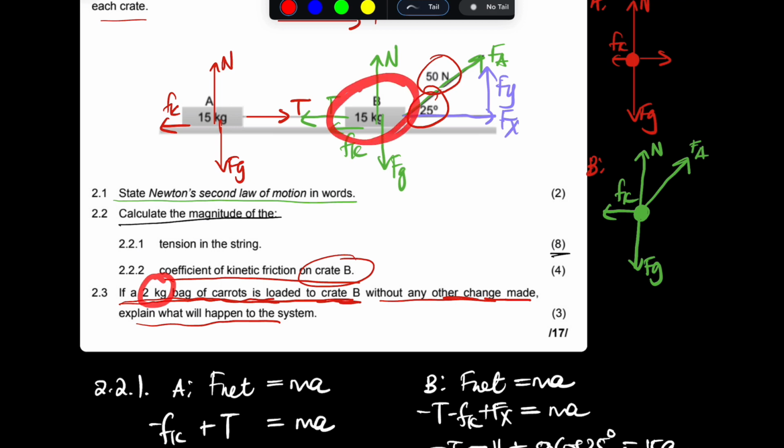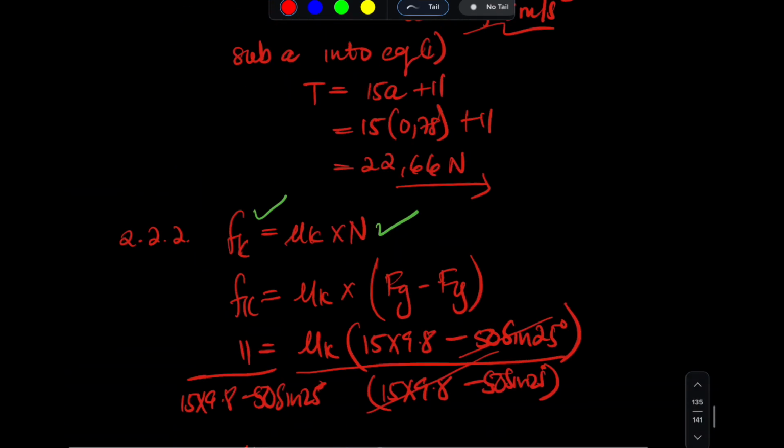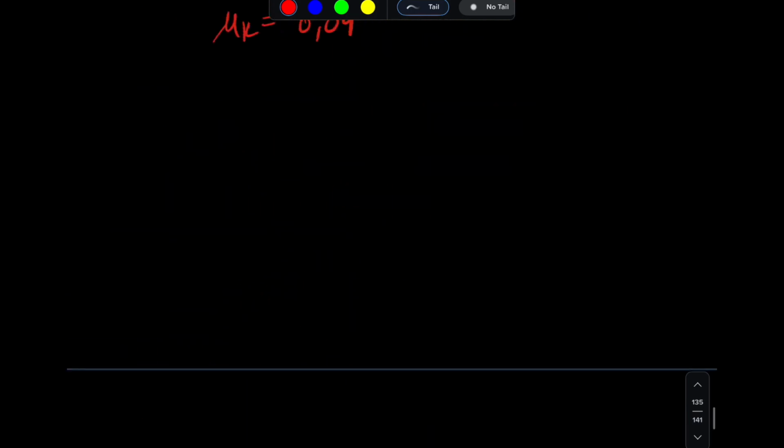So we increase the mass of this one. So if we increase the mass of this one, it will slow down, right? But in order to explain that, you need to involve the friction. So what are you going to say there? You are going to say it's 2.3.